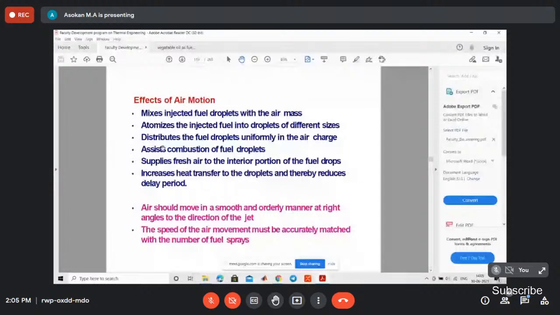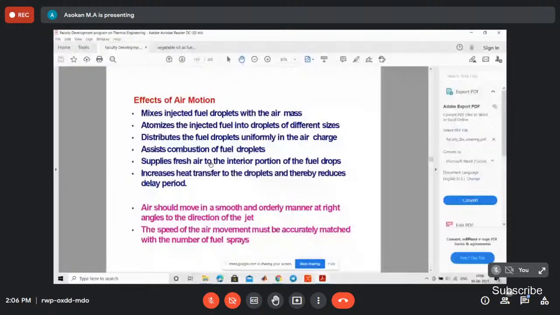Suppose in the case of SI engine, already it is atomized outside. After injection, only then the atomization. So the atomization increases because of the swirling motion inside the combustion chamber. And it distributes the fuel droplets uniformly in the air charge. So we can distribute the fuel droplets uniformly by circulating the air.